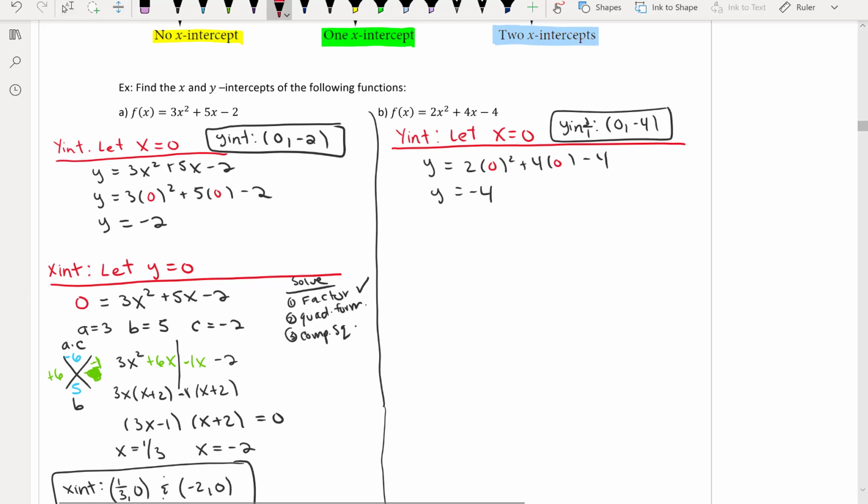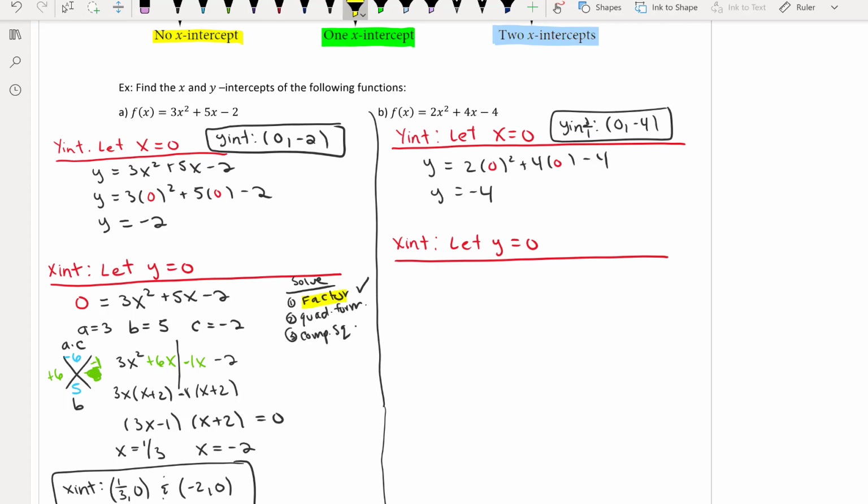Now I want to find my x-intercept. So I'm going to let my y equal to 0. And again, I can see my three choices here. I could factor, I can use the quadratic formula, or I can do the completing the square. And in this case, factoring doesn't help us. I just know this isn't going to factor, so I'm going to go with the quadratic formula.